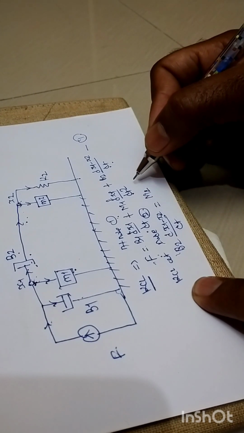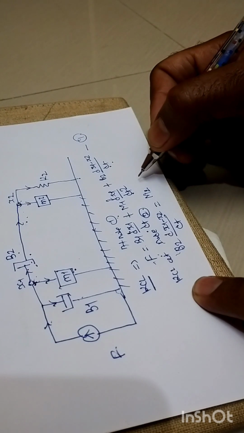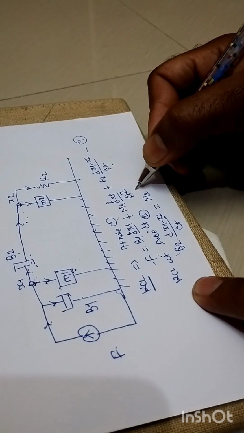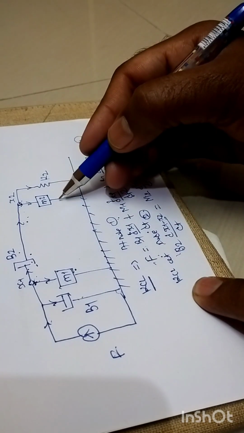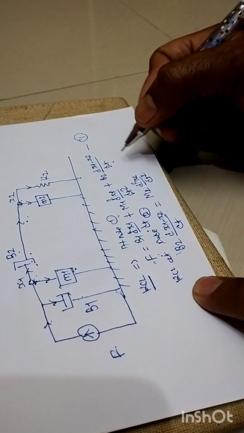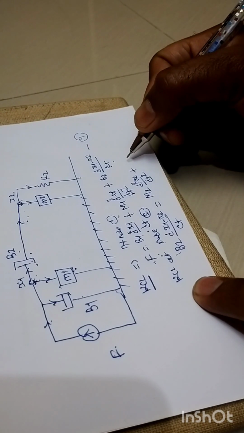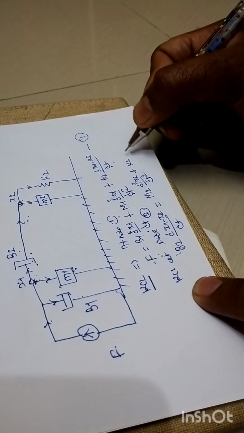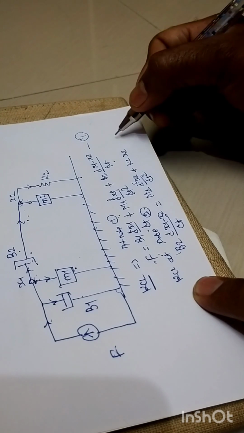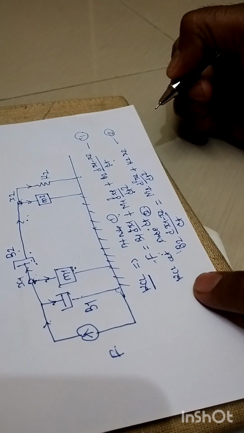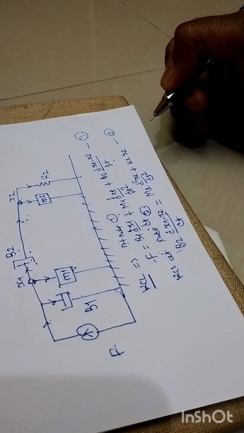As it is mass number 2, it is a second order differentiation, acceleration, right? So d square x2 upon dt square. In this way, this mass number 2 is taken into account, plus this k2 followed by the desired displacement, that is x2, right? So this will be the system equation number 2.